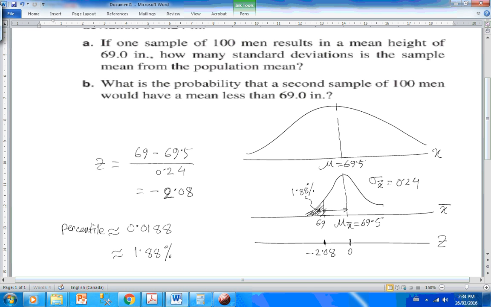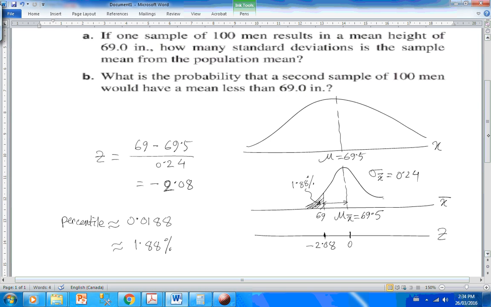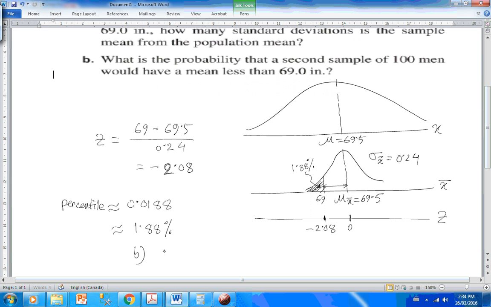And that probability is simply shown by the area under the curve to the left of 69, which is 1.88%. So the answer to part B of the question is, there is a 1.88% chance.